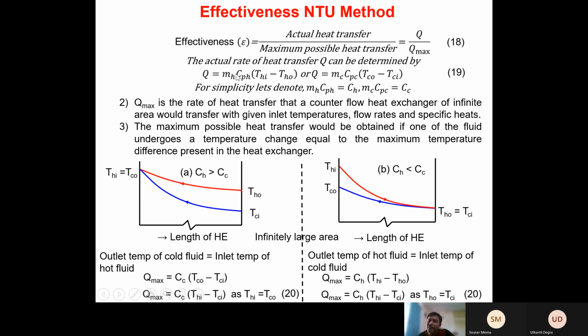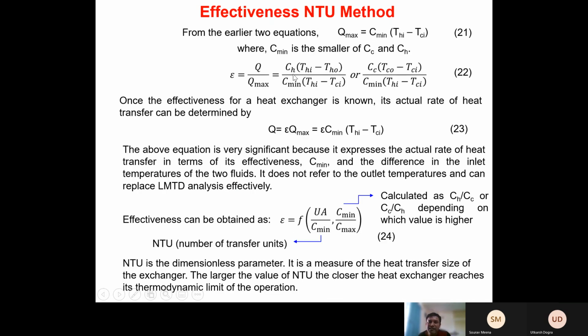But if I use the correct value, let's say Cmin is CH, in that case, if I use this as Q, I can get only the ratio of the temperature differences. Even though I have written CH by Cmin and THI minus THO, with THI minus TCI in the denominator, if Cmin is CH only, then CH and Cmin cancel out and the effectiveness is obtained as the ratio of temperature differences: THI minus THO divided by THI minus TCI.